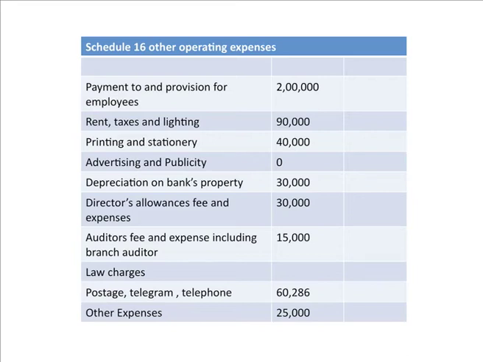There are no law charges, so we will keep it as such. Postage, telegram and telephone is 60,000, and other expenses of 25,000 reflect preliminary expenses.